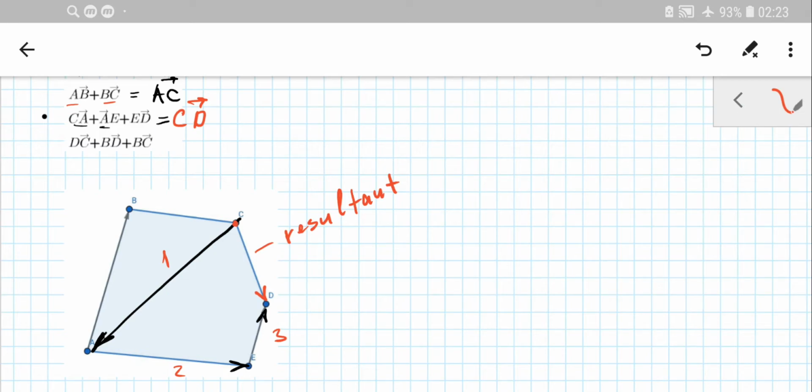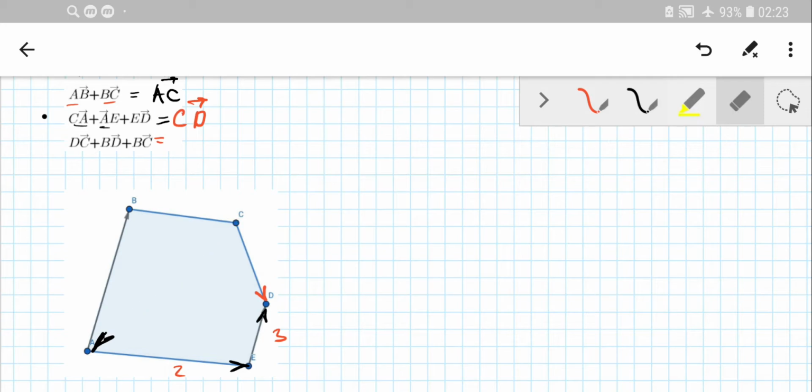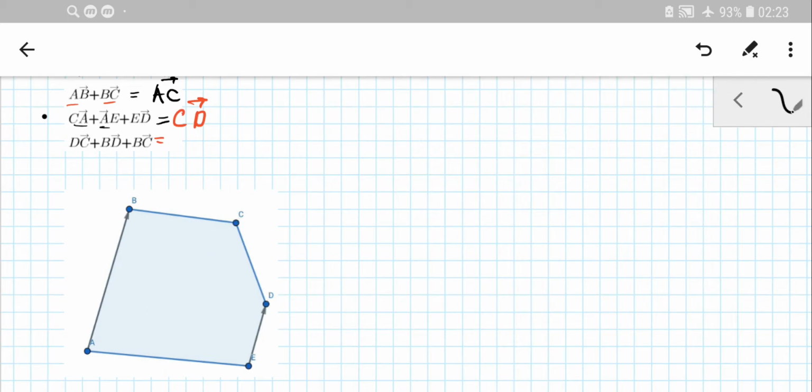All right, the last one. I erased all that, and we'll go to the last one. DC is that one. We add it to BD. So BD, where are you? You're here. It goes nicely. Vectors BD and DC are already arranged in a chain, and next we need to add BC. BC moves backwards.